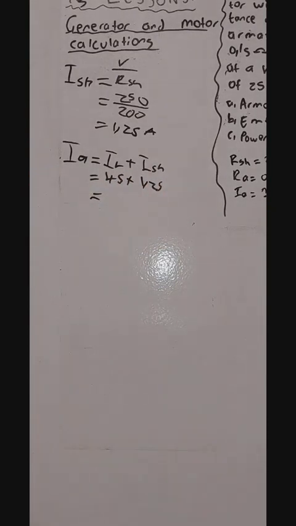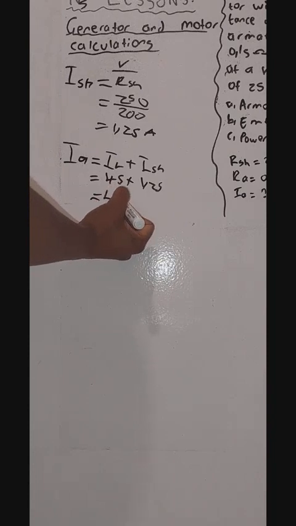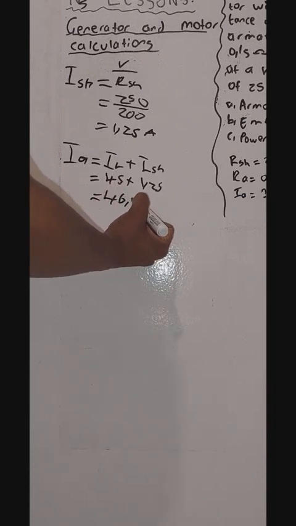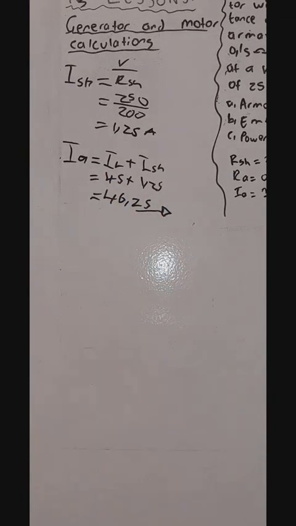Calculated, I find my armature current to be 46,25, which is the armature current.